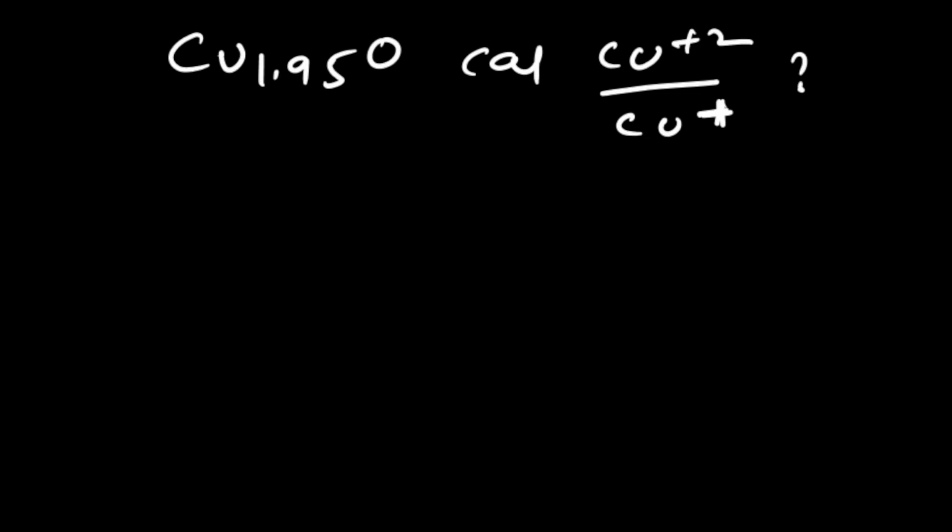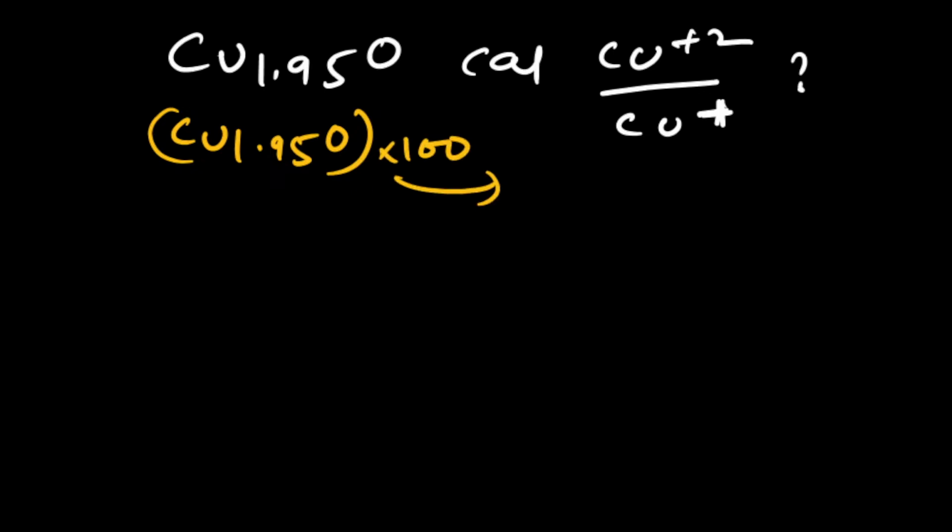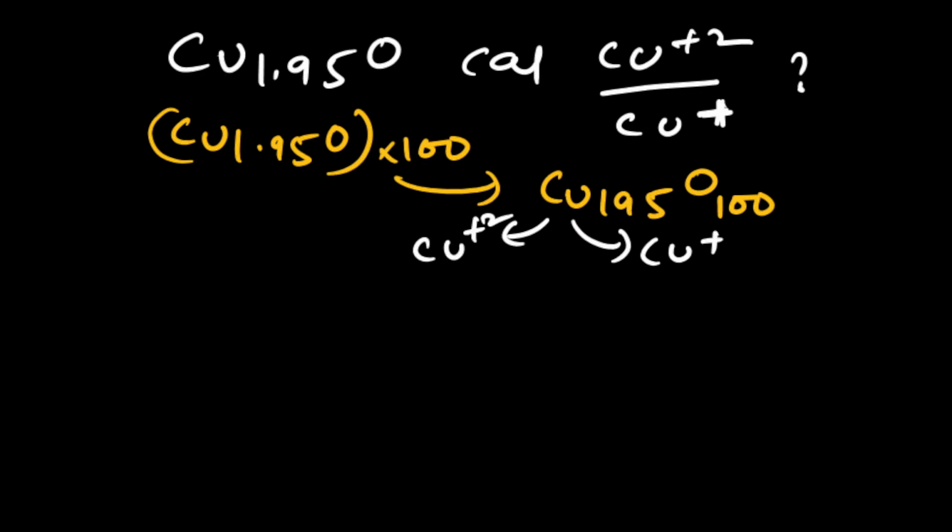You are getting 38. Okay, we'll see here. Cu 1.95 O, into 100, if you do, you will get Cu 195 and oxygen 100. Now this is present in Cu plus 2 and this is present in Cu plus 1. Let Cu plus 2 be x, and Cu plus 1 will be 195 minus x.